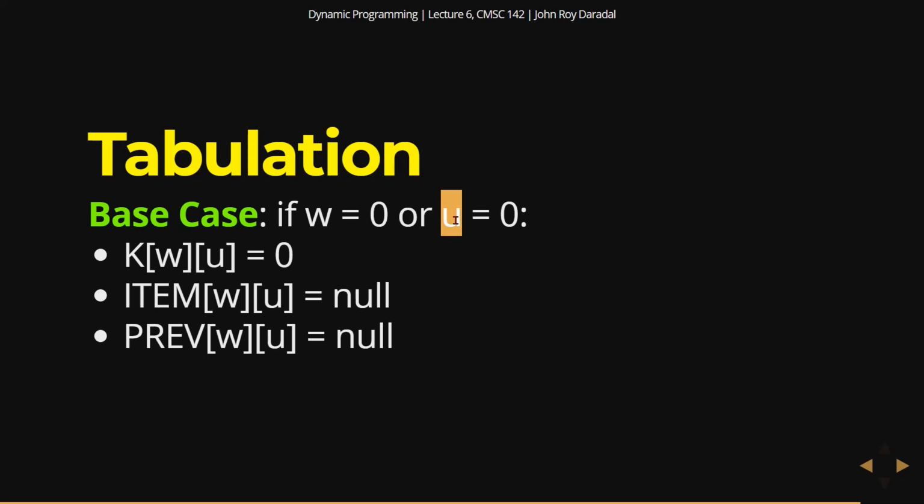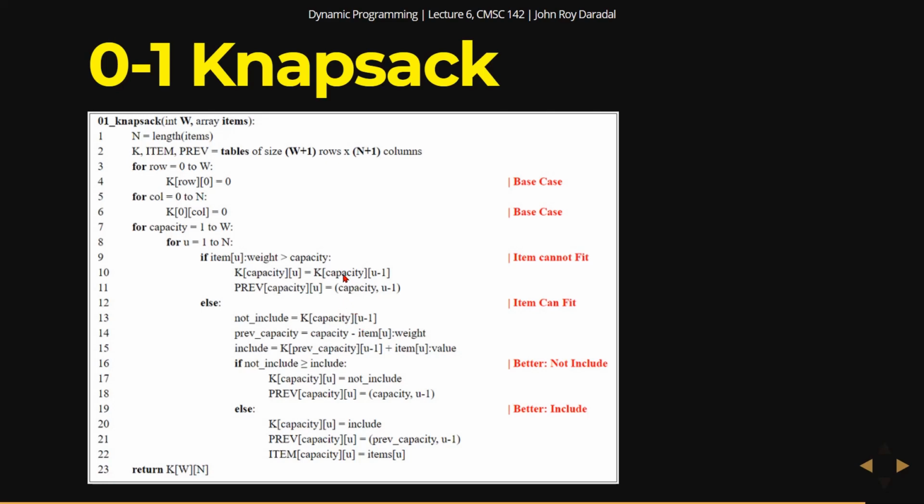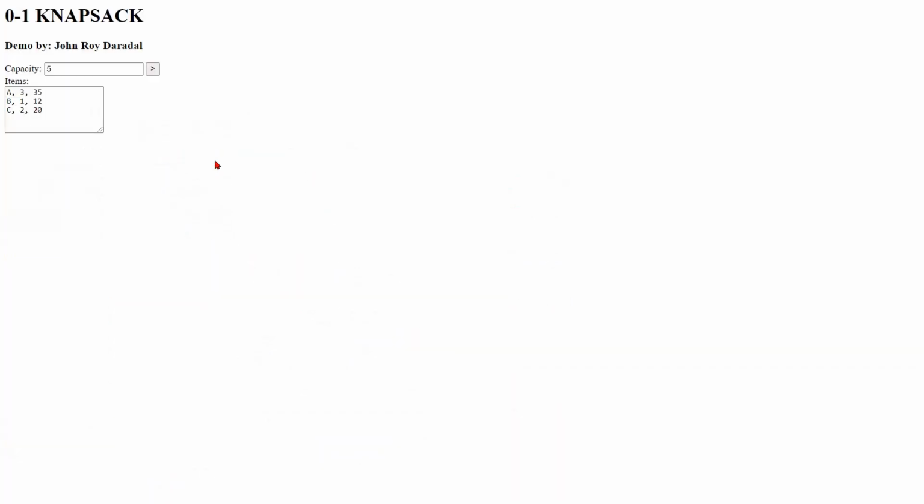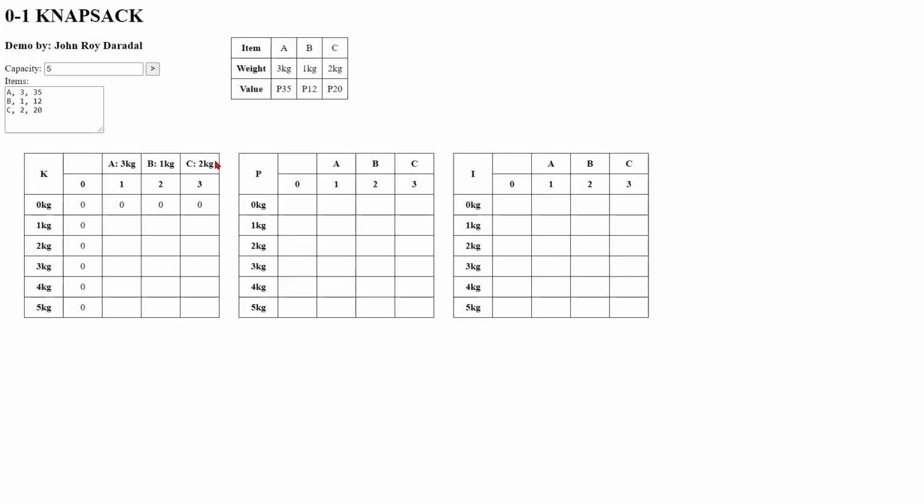So if there are no items to be put in place, then you also have 0 as the optimal value. Okay, so you'll put that at the gutter values as well. So putting all of that together, let me show you the base case first. For this one, you'll notice that this is the gutter value, so 0, 0, and then null for the rest for I and P.